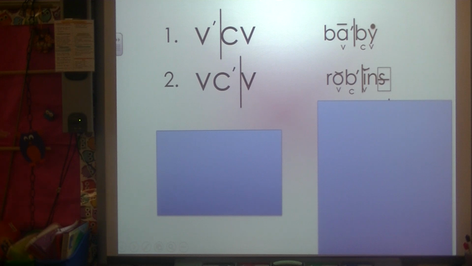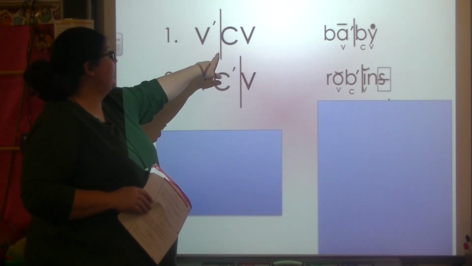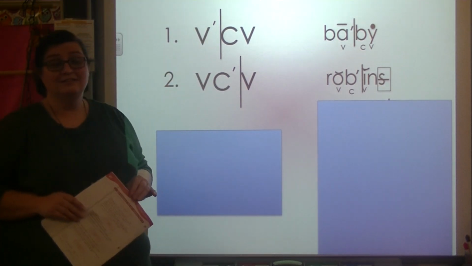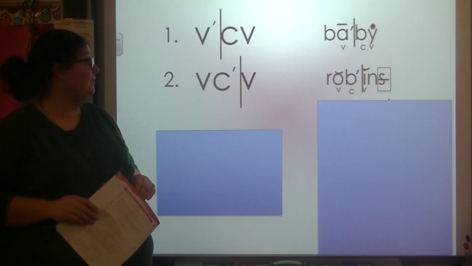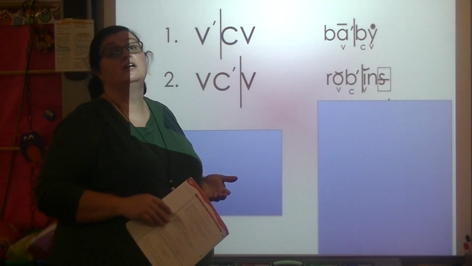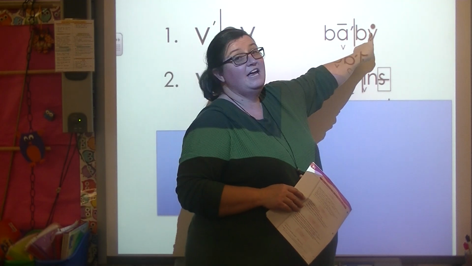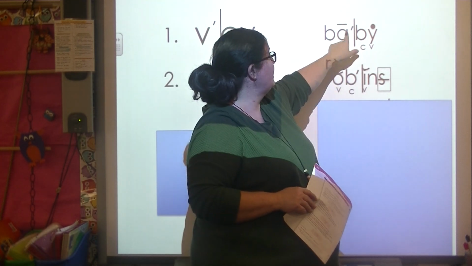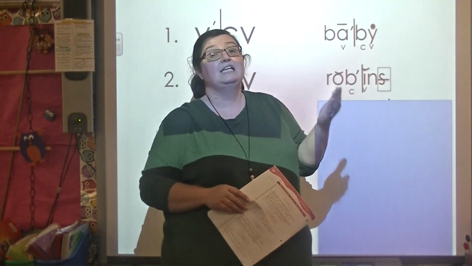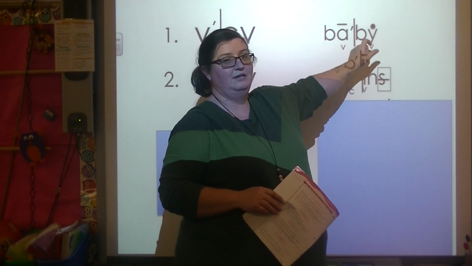Originally, we learned if it's vowel, consonant, vowel, we divide after the first vowel. The accent is on that first syllable, and if that vowel is open, it's going to be long. Like in this word, baby, that A is open, it's going to be long, and you hear that first syllable louder, longer, and higher. Baby.